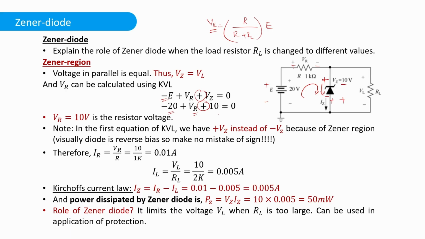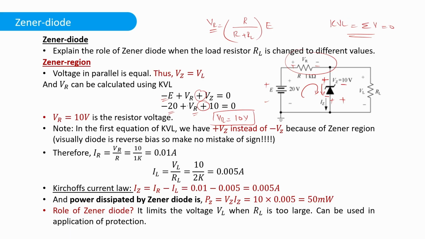Using this formula, we calculate VR equal to 10 volts. It's obvious, when this is minus 20 and this is 10, we are only left with 10 volts over here, because according to Kirchhoff's voltage law, the summation of all voltages should be equal to 0.